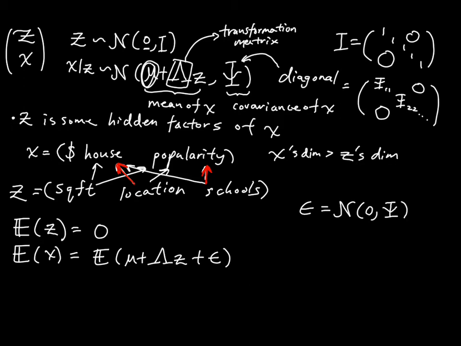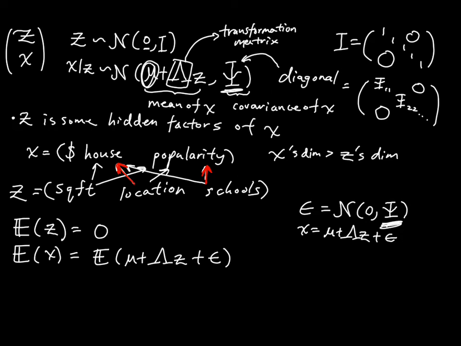Because this is just the noise, the covariance. And so we can break this down: x is equal to mu plus lambda z plus epsilon, which is the noise, right?